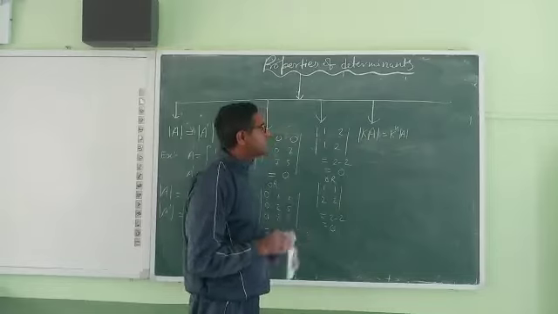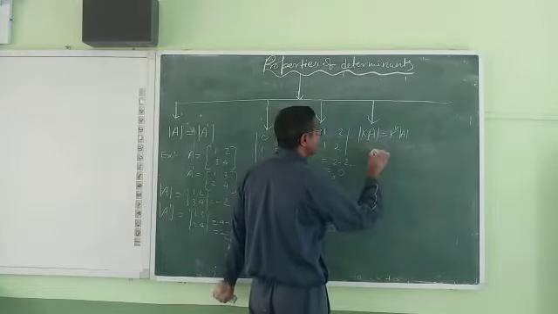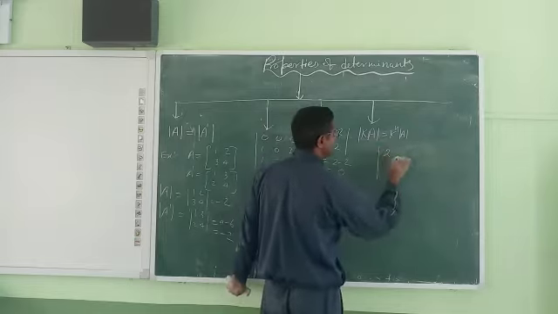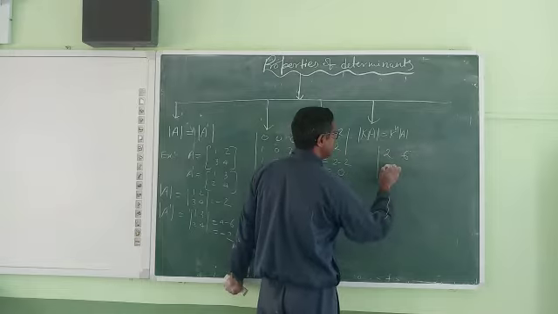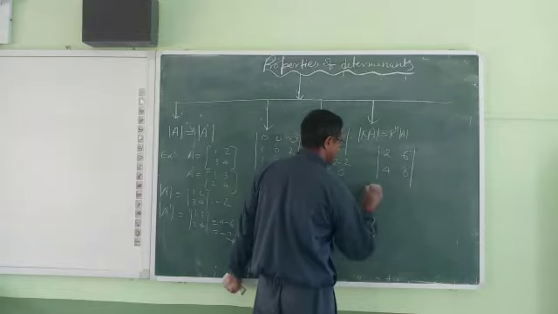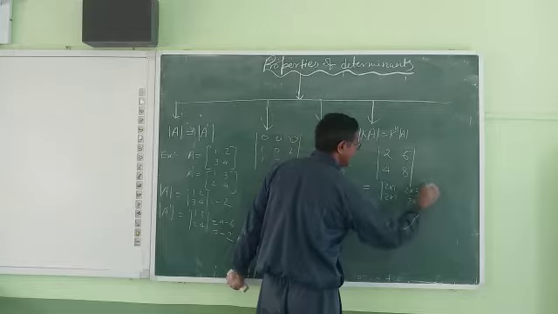Let us understand this with the help of an example. Let us suppose we have a determinant of order 2 by 2 having elements 2, 6 and 4, 8. You may write this as 2 1s are 2, 2 3s are 6, 2 2s are 4 and 2 4s are 8.